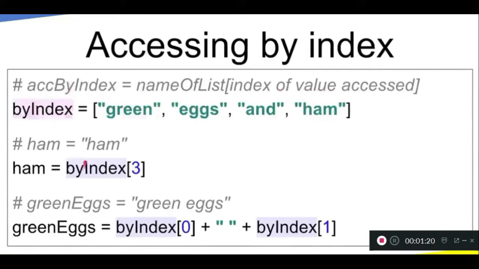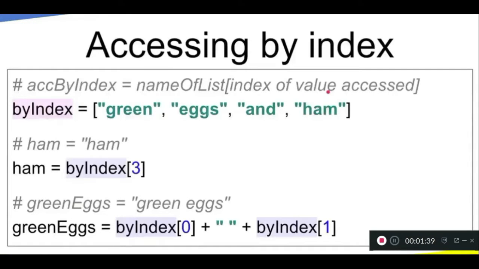So when we access by index, using the name of the list and 3, over here 3 would give us the answer ham. So ham would be the answer, the third element, and that is stored in the variable ham.